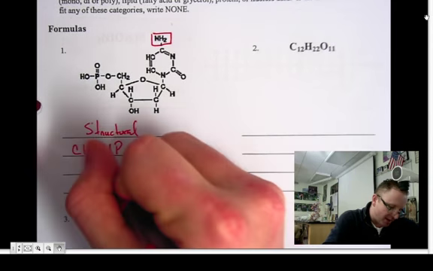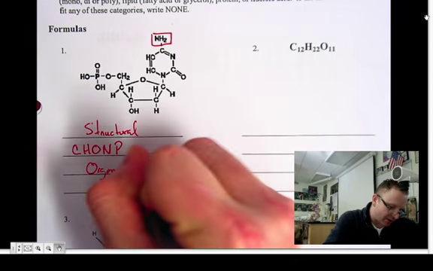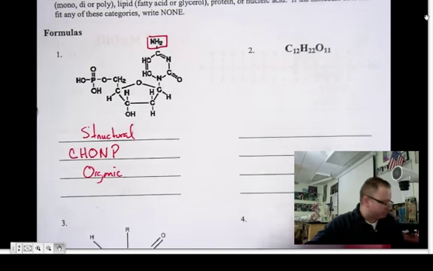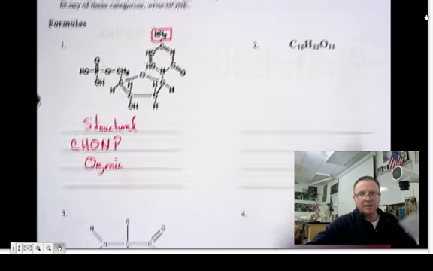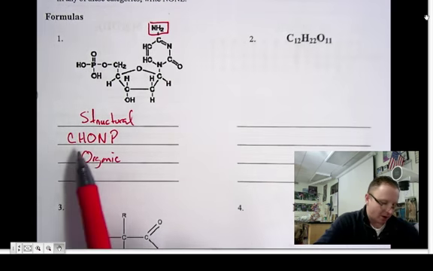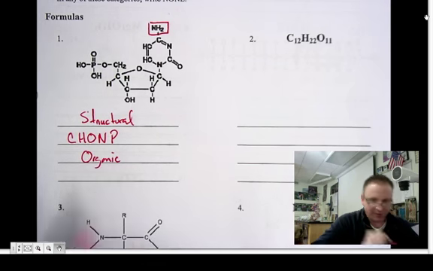Now, the next thing that we need to do for this particular item is identify what class of molecule it belongs to and then be as specific as we can with it. So if I'm going to think about this, I need to, first of all, look at the atoms that are involved. This has got carbon, hydrogen, oxygen, nitrogen, and phosphorus.